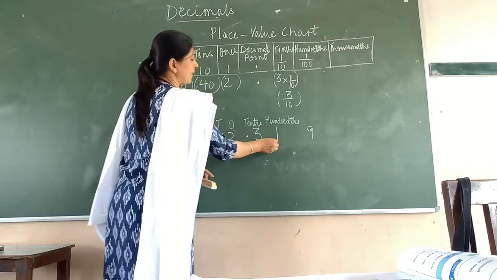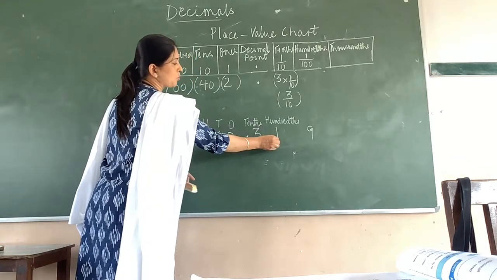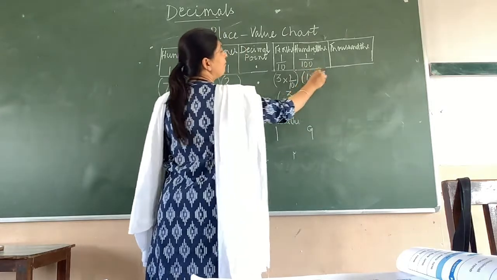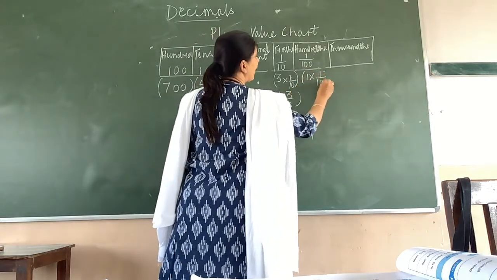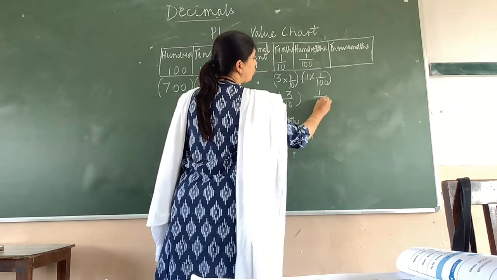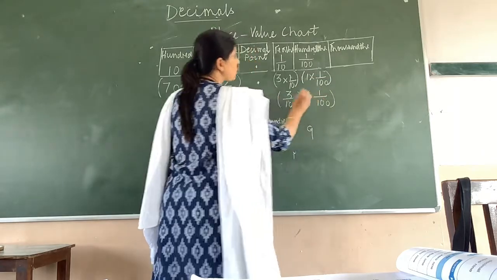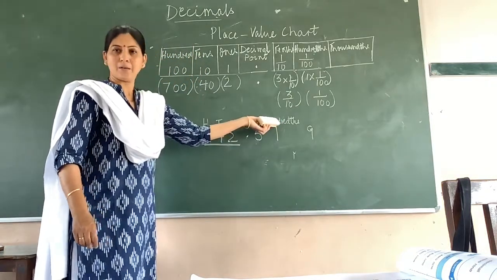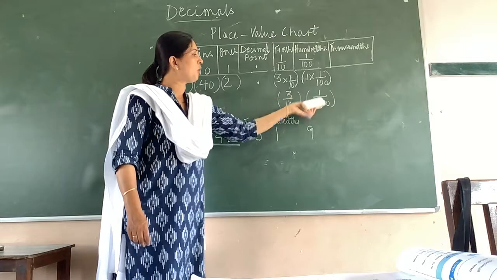So what is the place value of this digit, which is 1? We will multiply 1 by the value 1 over 100. So 1 times 1 is 1 over 100. So the place value of 1 is 1 hundredth.